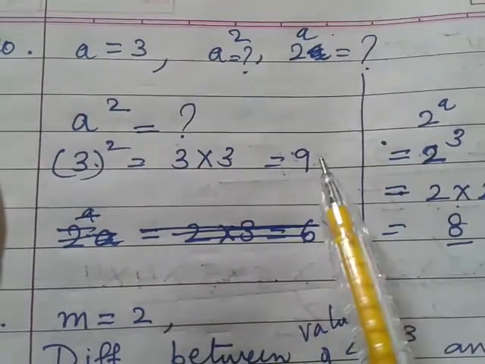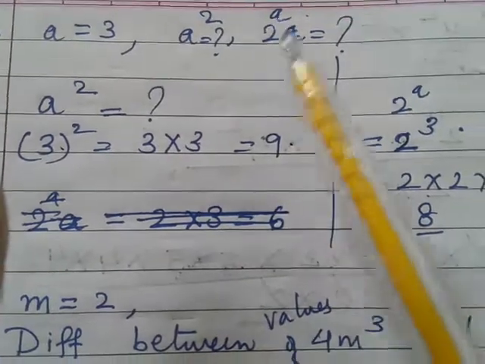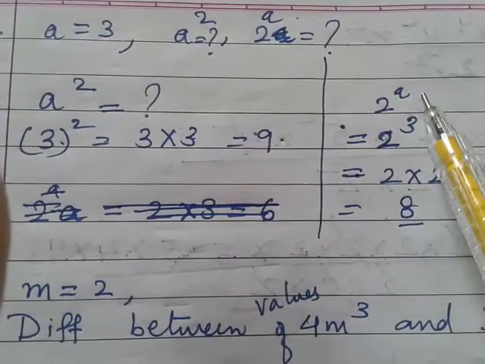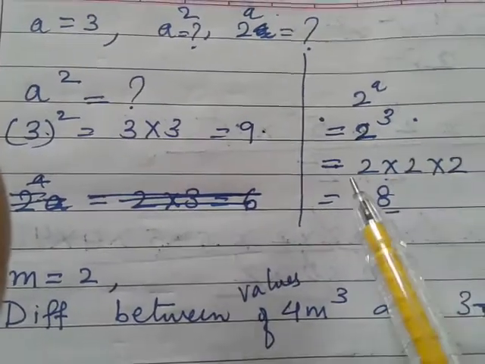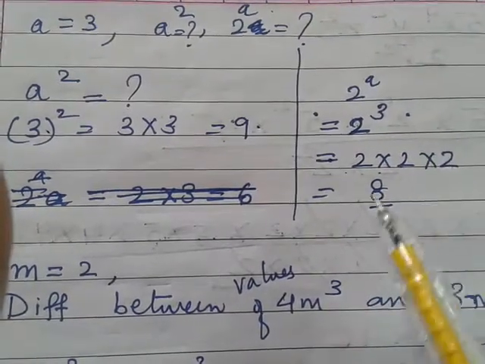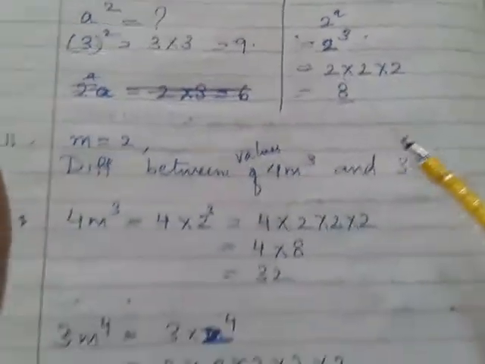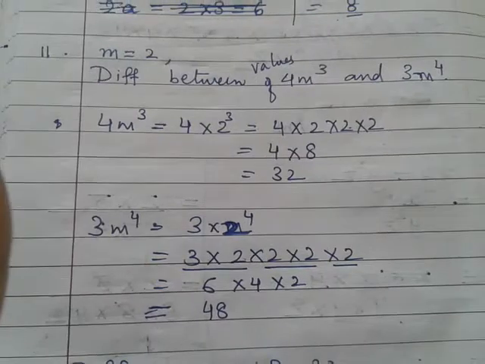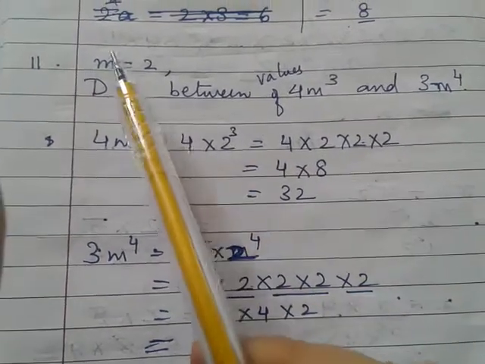So 3 3s are 9. Okay. And 2 raised to a. What's the value of a? Value of a is 3. So 2 raised to 3. So 2 multiplied by 2 multiplied by 2. That is 8.